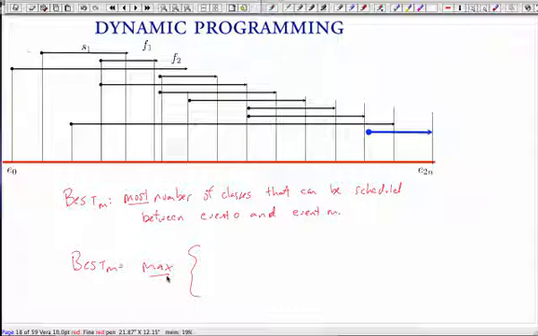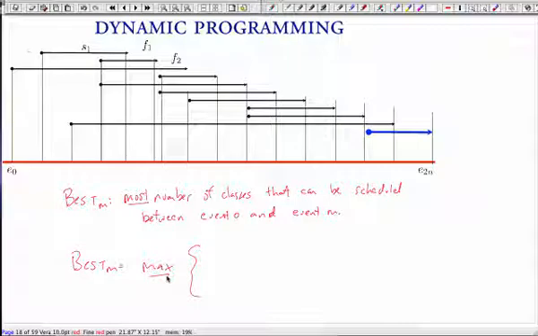Let's say that last class is part of your solution. Then what does it mean? Your best solution is going to be 1, because it's that last class, plus the best solution that takes what time? Starts, exactly.